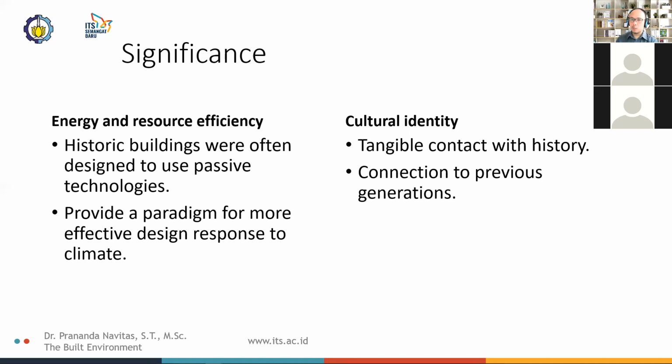Passive technologies can only go as far. I don't think that it is ideal to use passive technologies if you were to erect a 100-story building, for example. Can you imagine the wind speed on the 100th floor or 150th floor? That must be very, very devastating. That must be very, very uncomfortable.